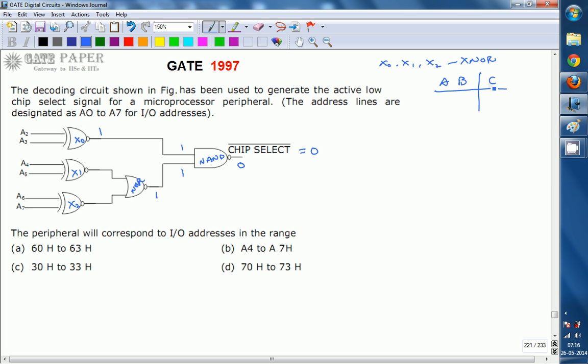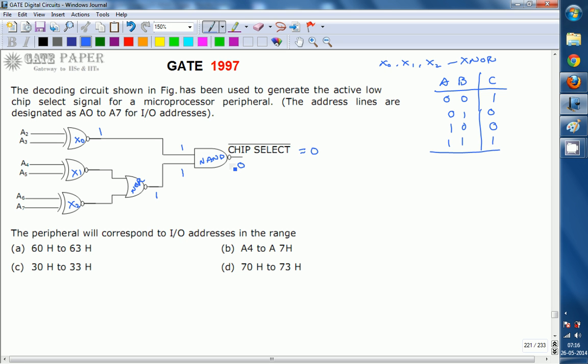If A and B are the inputs and C is the output, the output will be 1 only when A and B coincide, that is, when they are the same. So the output is 1 for the 00 combination and the 11 combination. The output is 0 when A and B are not equal, that is, when they are complements of each other.